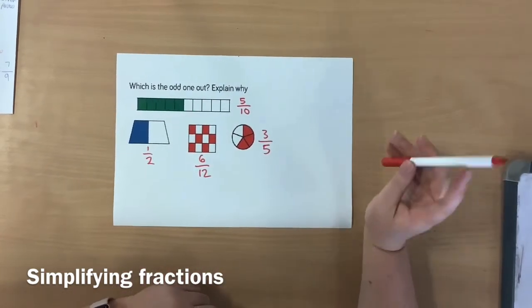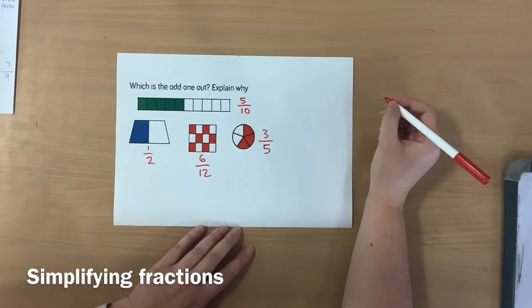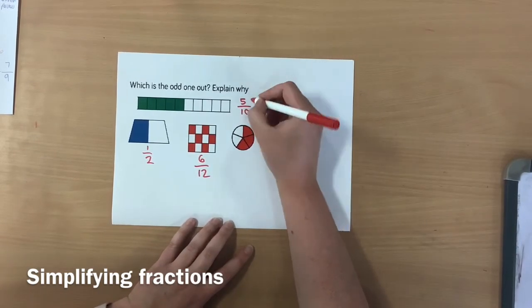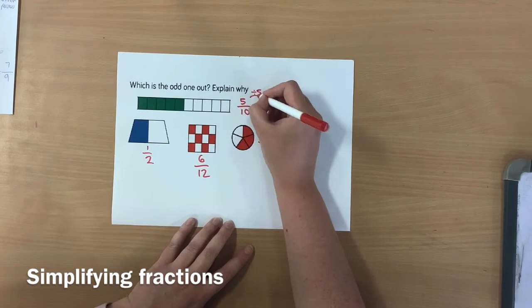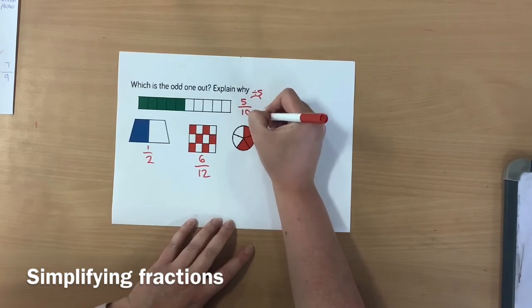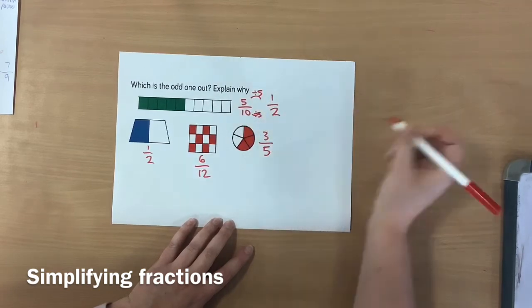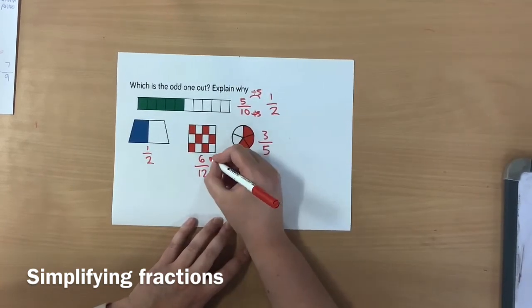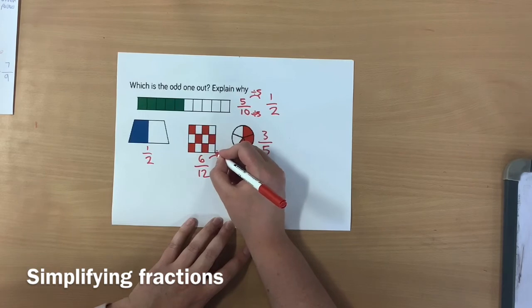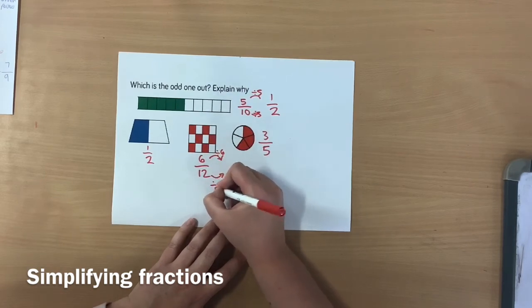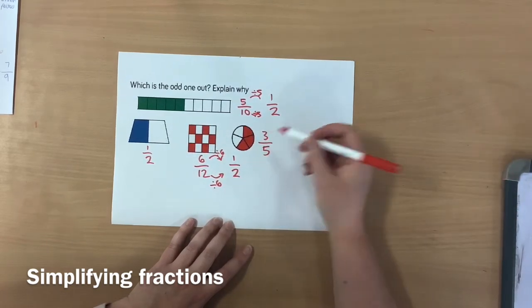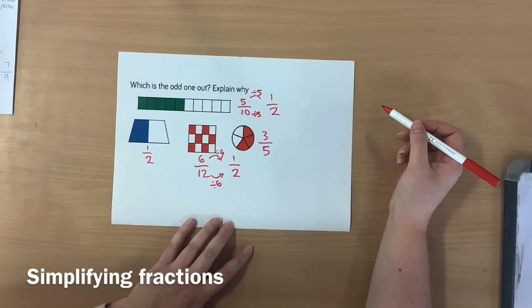Can I simplify any of these fractions? 5/10, I know that I can divide both of these by 5, giving me a half. A half can't simplify anymore. And 6/12 I can simplify because I can divide them both by 6, leaving me with a half. 3/5, I can't simplify.